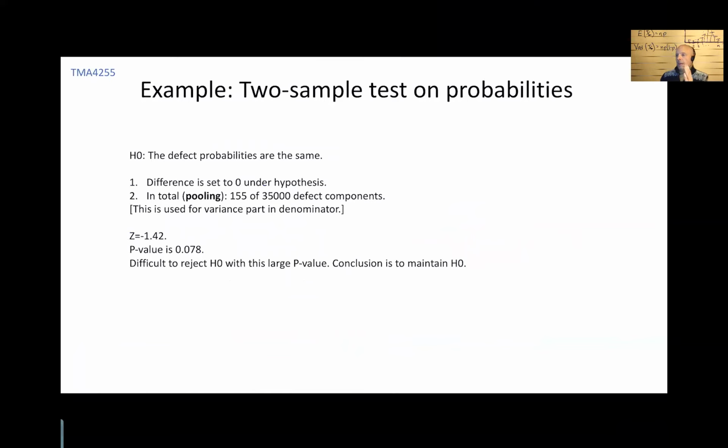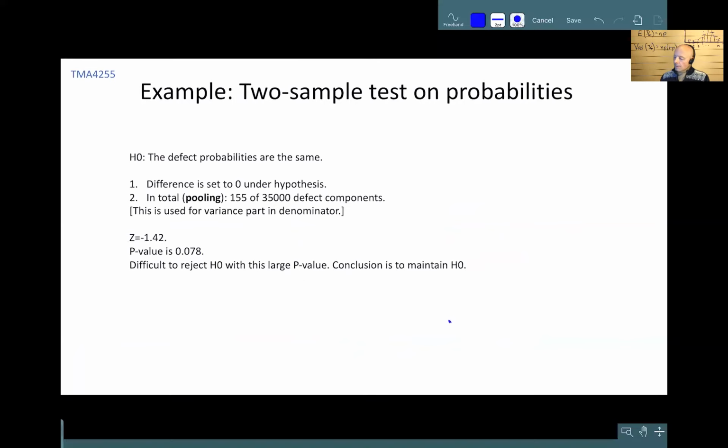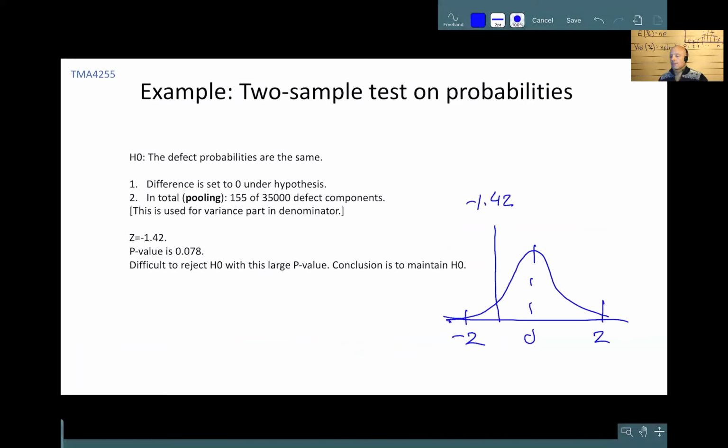And this is not very extreme, because the Gaussian distribution looks like this, centered around 0, 2, minus 2. There's not so much probability mass on the side here. And here we observe something that's 1.42 plus or minus, depending on having sample 1 or 2 first.